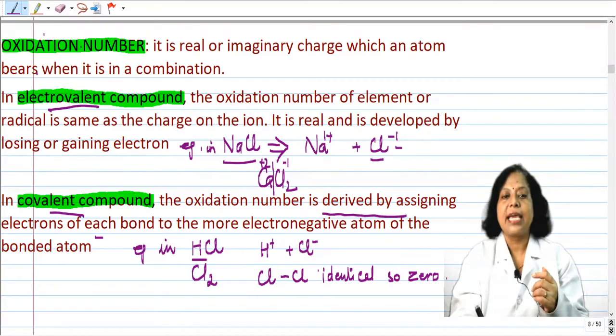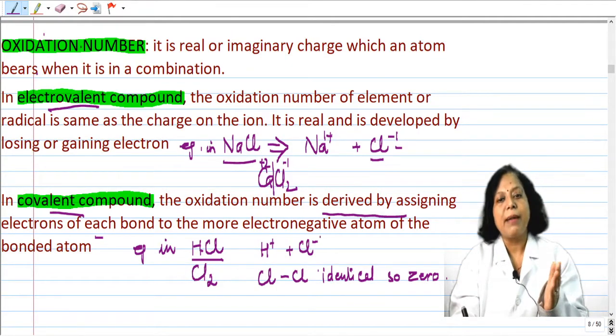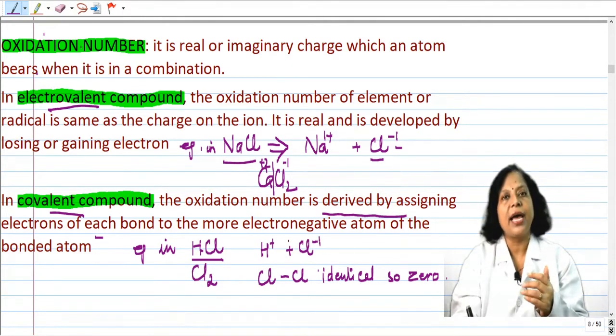Let's take the example of HCl. In HCl, you see a single bond is there and the bond is shifted towards chlorine. So there is a minus 1 charge developed on chlorine, and you get just one positive charge on hydrogen.